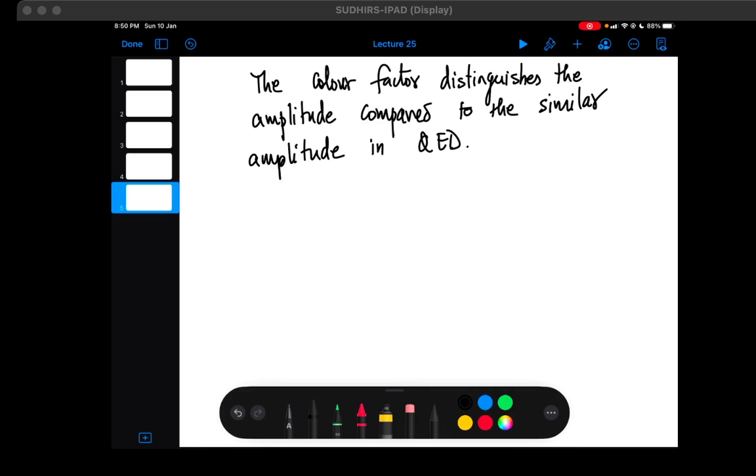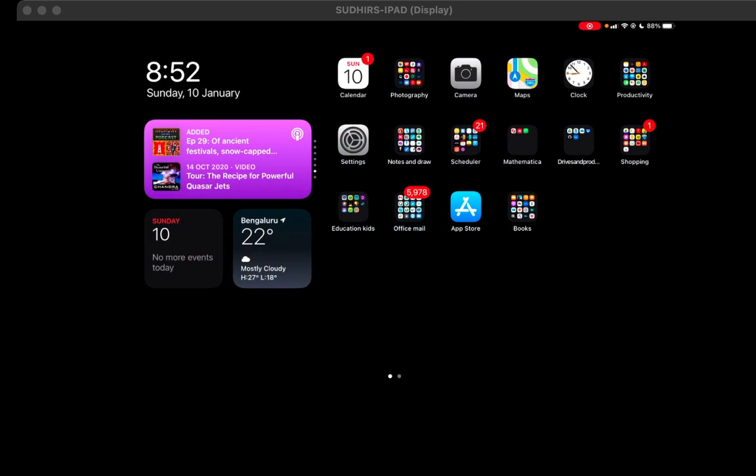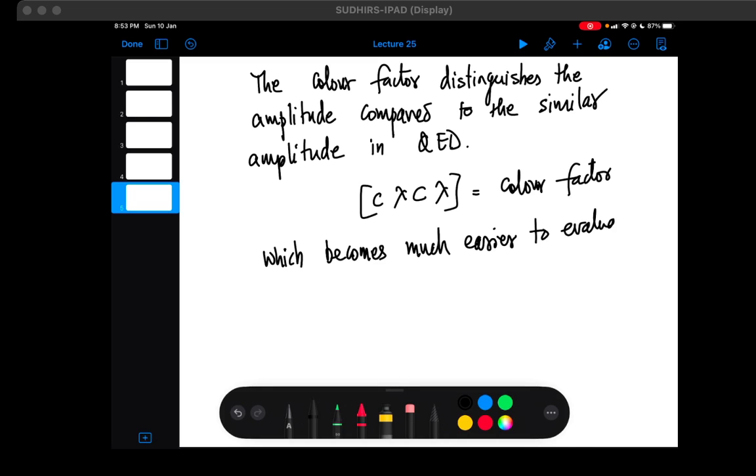So all these factors which appear here, for each A, this combination is the so-called color factor, which becomes much easier to evaluate using the Kronecker delta functions.